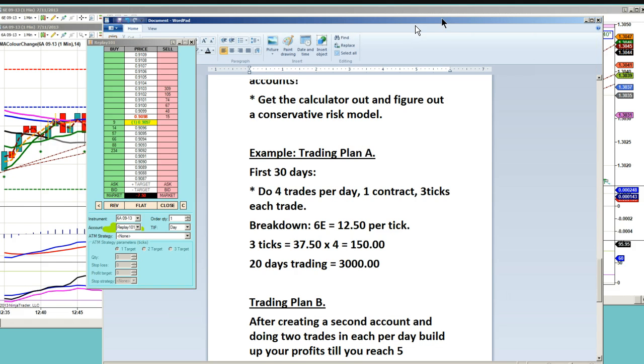You're just doing very risky things, and you're not taking the calculated risk approach.